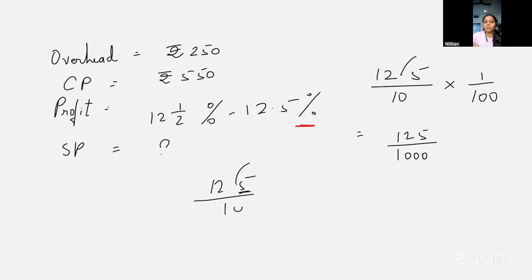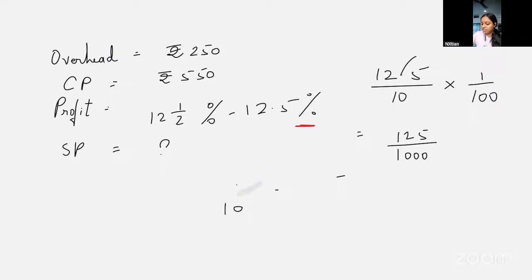So that is why 10. 12.5 upon 10 just becomes 125 upon 10, and here it is still a percentage. So to remove the percentage, I will do into 1 upon 100. Solve this, all of you, and tell me what you are getting.